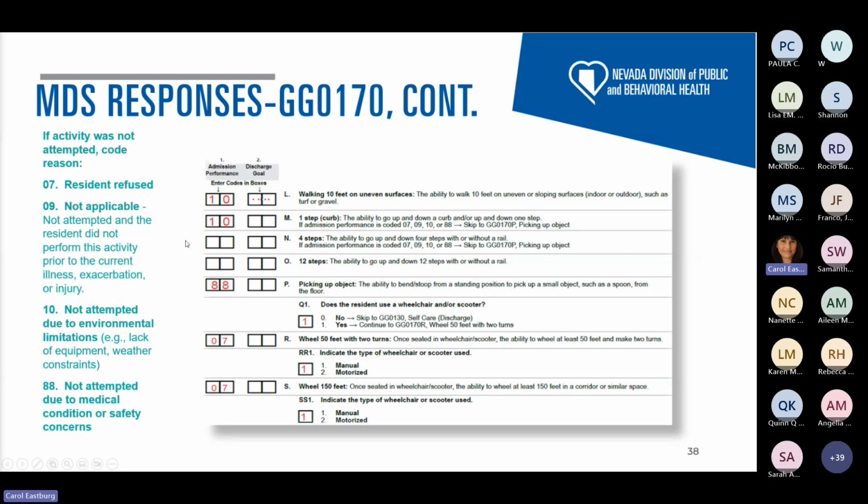Discharge goal would be independent for all of them. Of course, when you code a 10 here, you skip and go to the next one. He refused to try to lean over and pick up an object because it wasn't attempted due to medical condition or safety concerns. He is currently using a manual wheelchair, wants to be out of that by the time he is discharged.